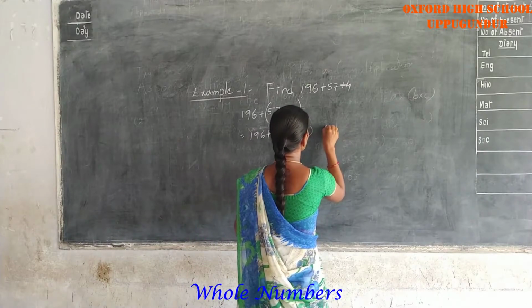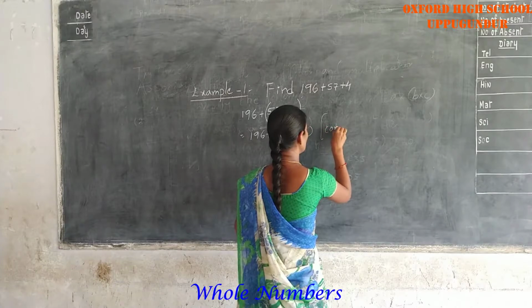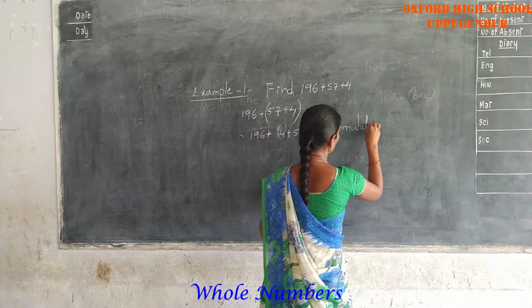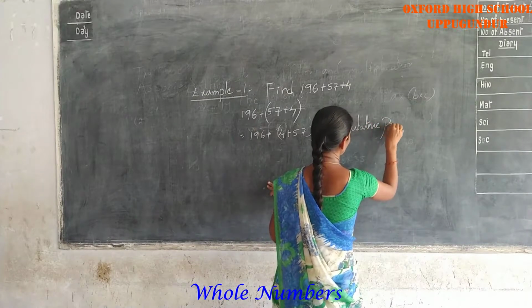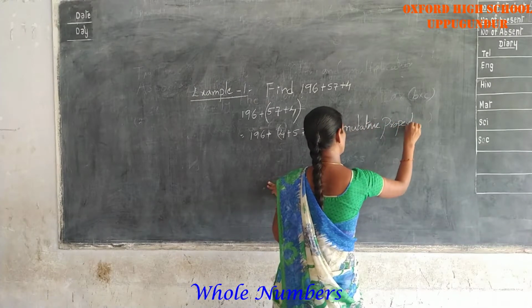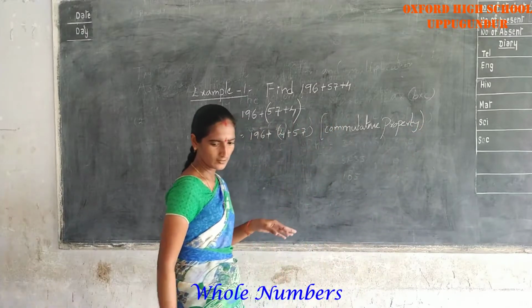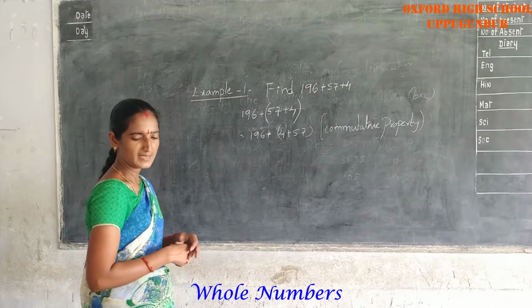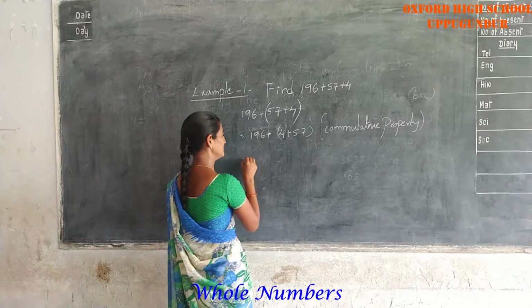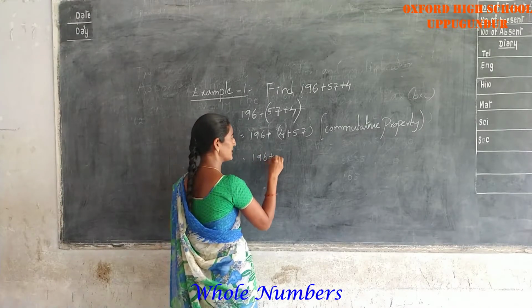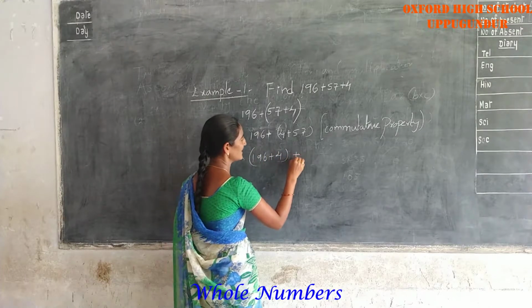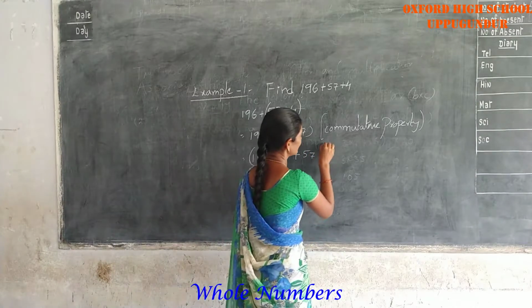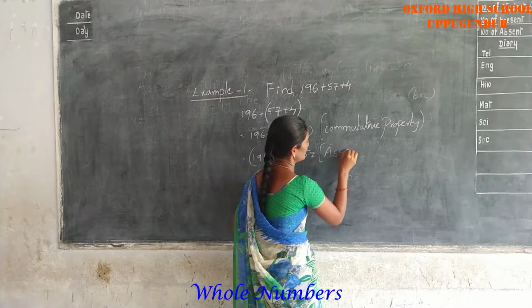This is commutative property. Next, associative property means 196 plus 4 plus 57, A plus B plus C. This is associative.